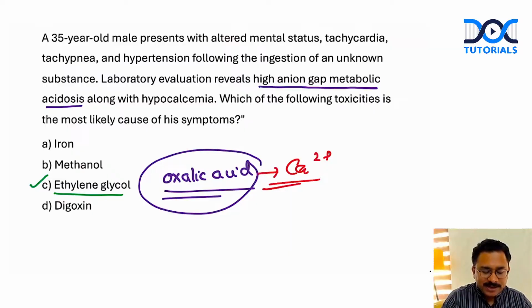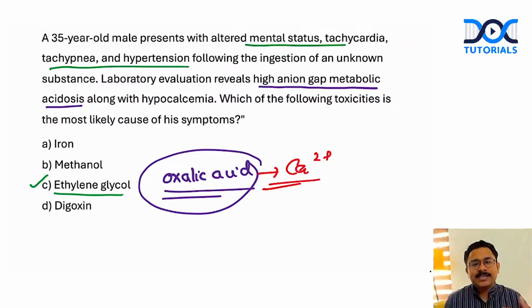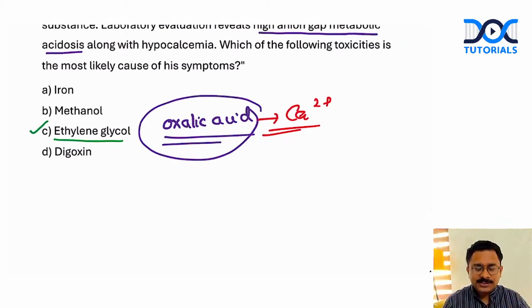When it binds with the calcium, it results in hypocalcemia, and all other features. It is an alcohol. You will have features like altered mental status, tachypnea, tachycardia, hypertension. I've already taught you that ethylene glycol is one of the causes of a high anion gap metabolic acidosis. Option C is the answer.